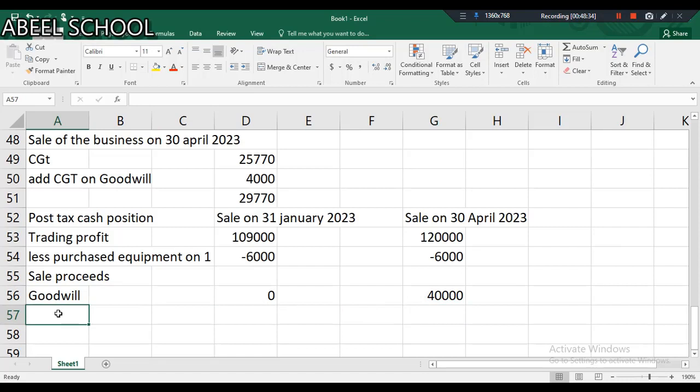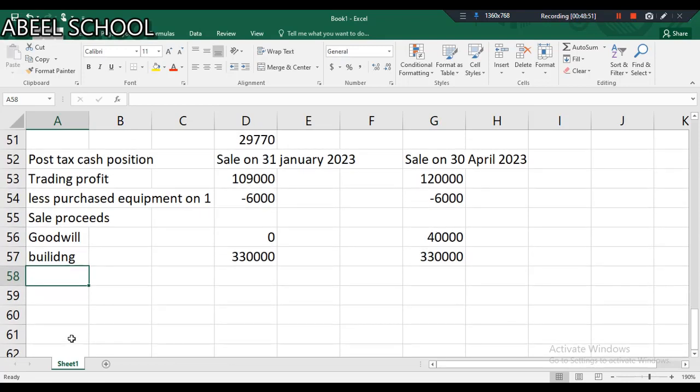Building, in both the cases I'll be getting 330. Equipment, we are getting 10,000 in both the cases.